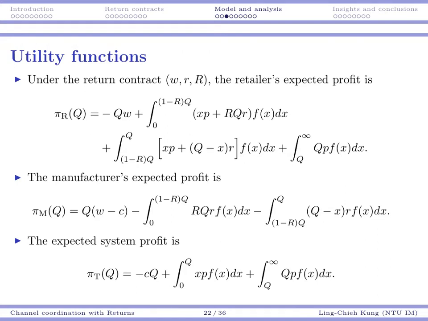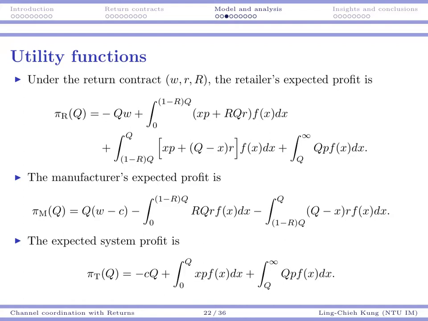So, as you know, the game starts from the manufacturer side. The manufacturer is going to offer a contract, and then the retailer makes the order decision. So, the retailer has observed the announced return contract w, r and capital R, and then the retailer must formulate his own expected profit like this. In any case, I need to pay this amount as my purchasing cost, and then according to my sales quantity, I'm going to earn some money.